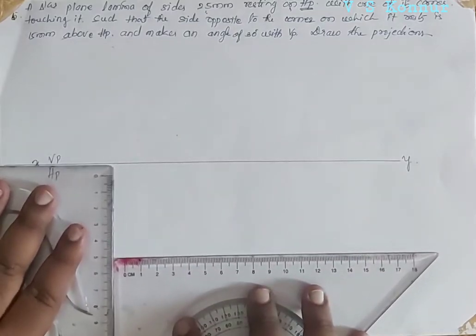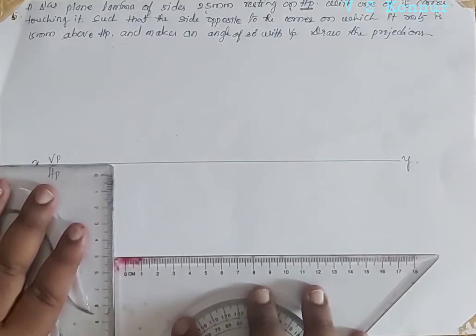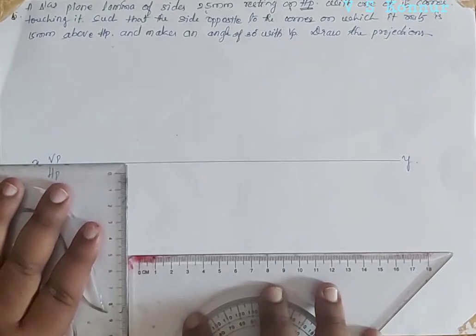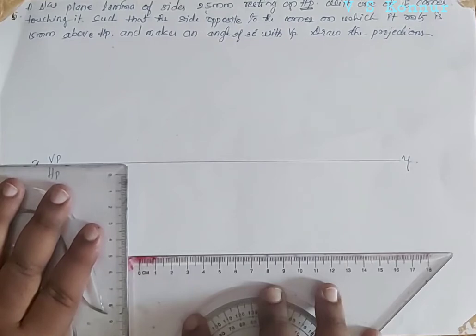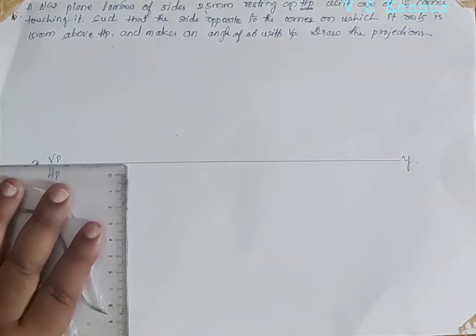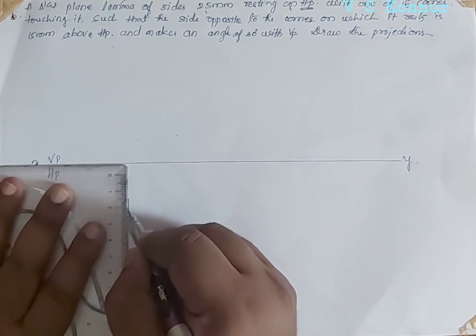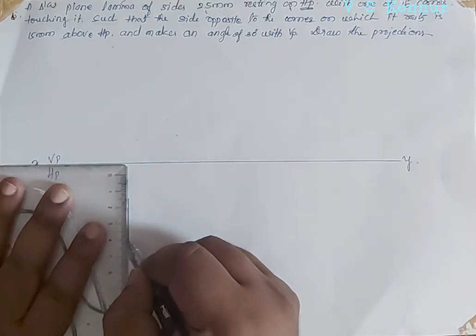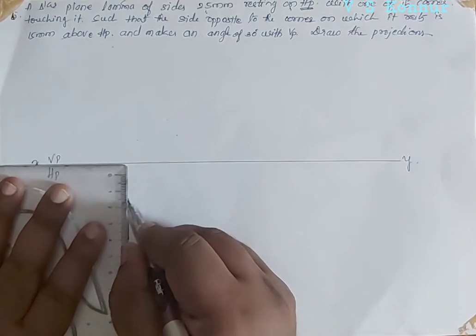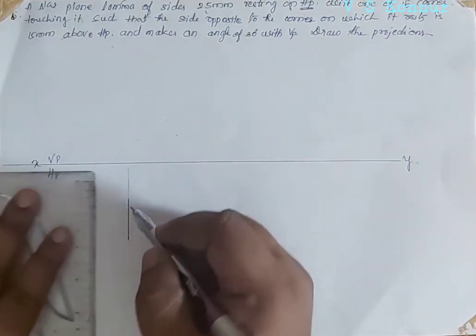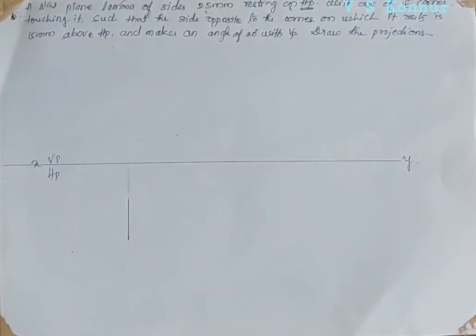So we'll take parallel to this. Parallel to that I will take the 25 mm side. So this is the 25 mm side I have taken, and then we'll take the 25 mm side with the divider.